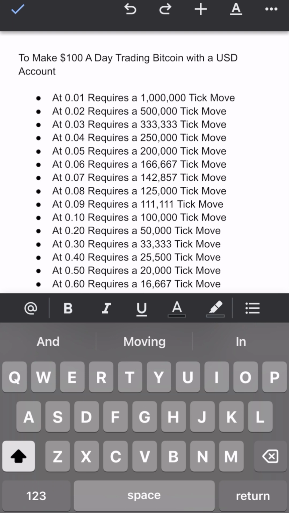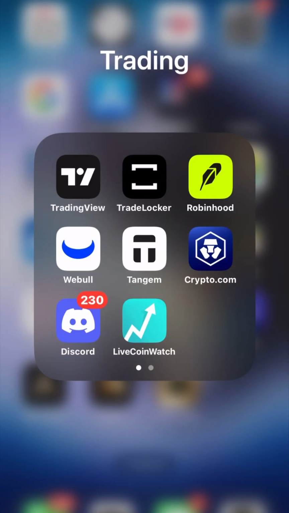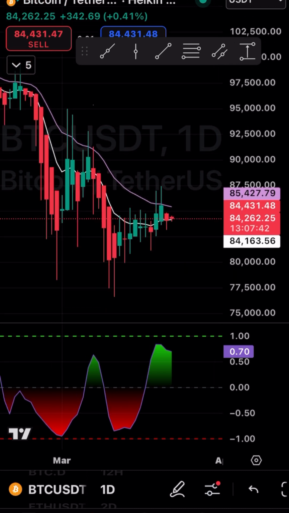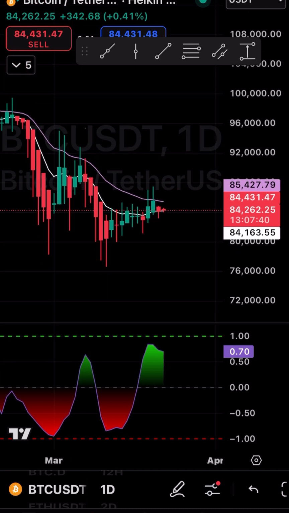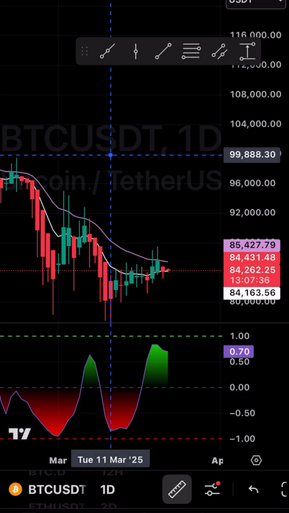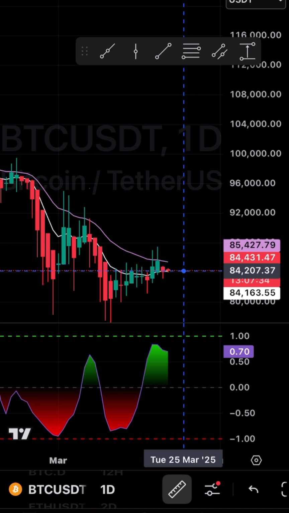The first one we want to look at is 0.01. At 0.01, you need 1 million ticks to make $100. This one is increasingly hard to do.